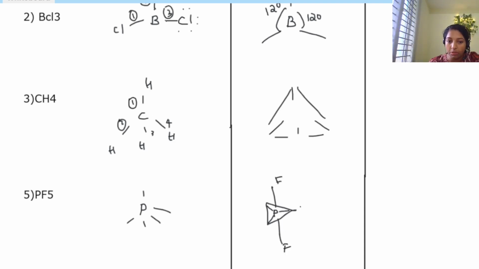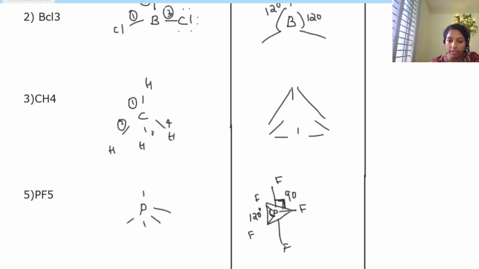So this shape is what you call trigonal bipyramidal. Here you can see 2 bond angles: one is 90, and in between the planar fluorine atoms, there will be 120.